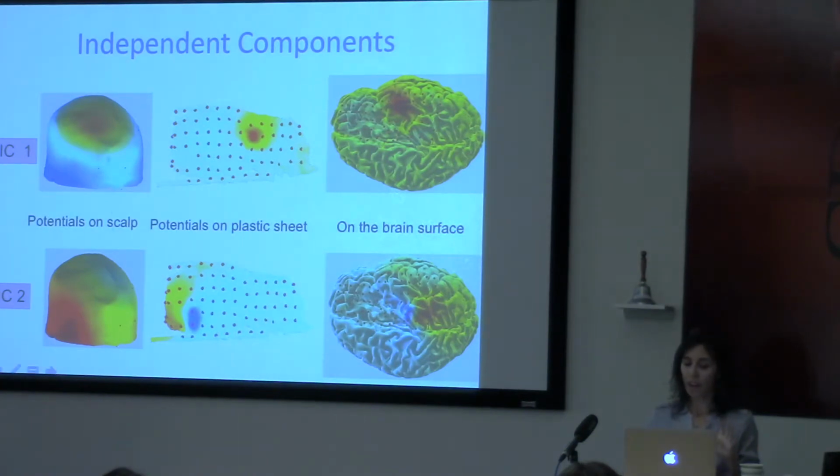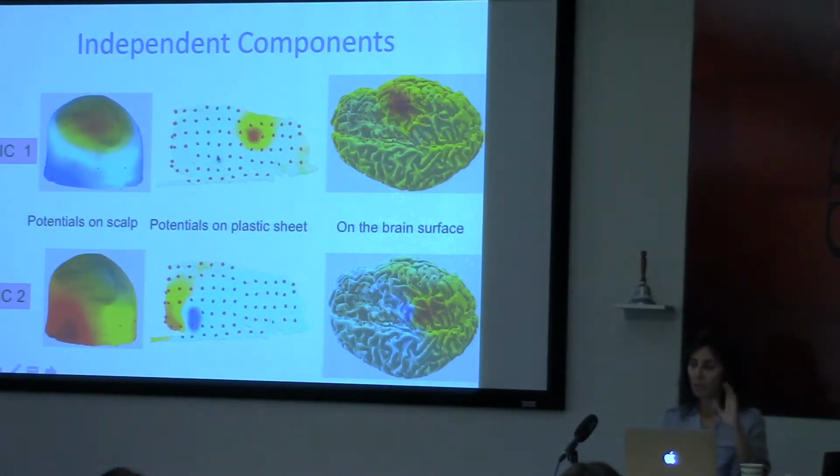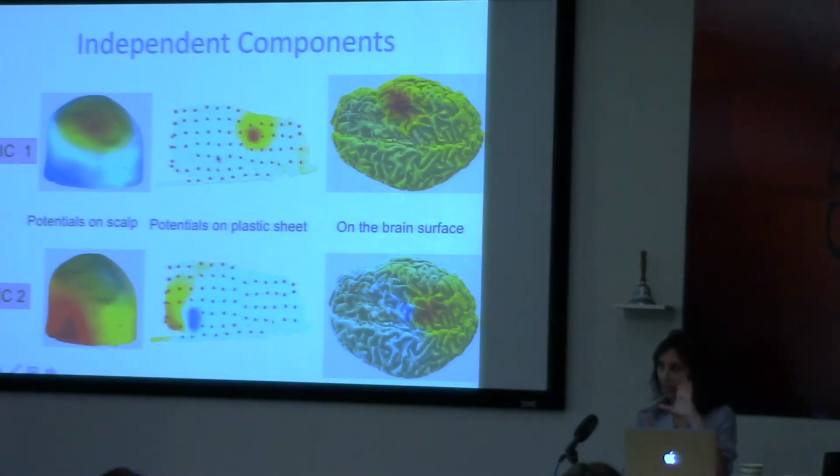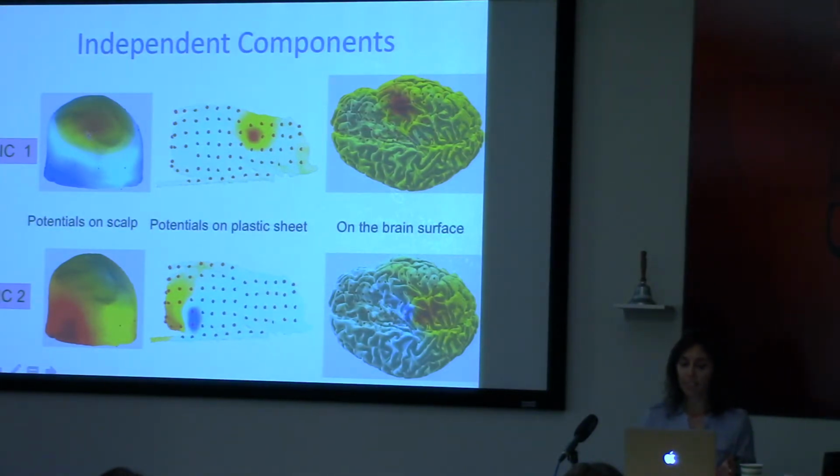So here are 2 ICs, one of them on the grid and on the scalp. We merged the scalp and grid data, and then did ICA. One component points toward the head, so this can be represented by a radial dipole. The other, however, can be represented by a tangential dipole because it has two polarities here.